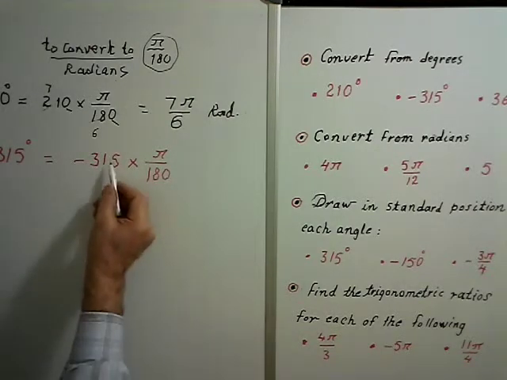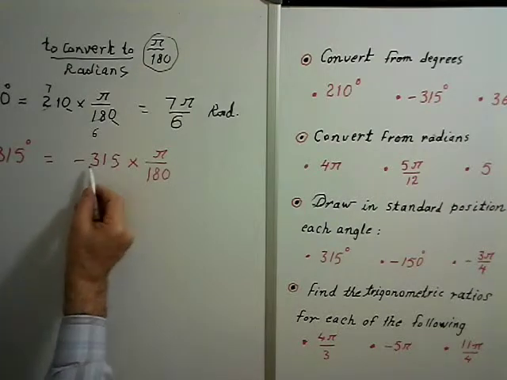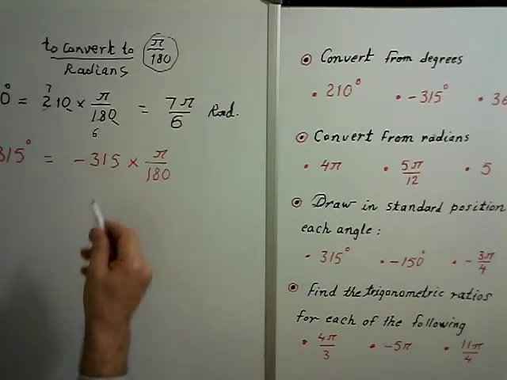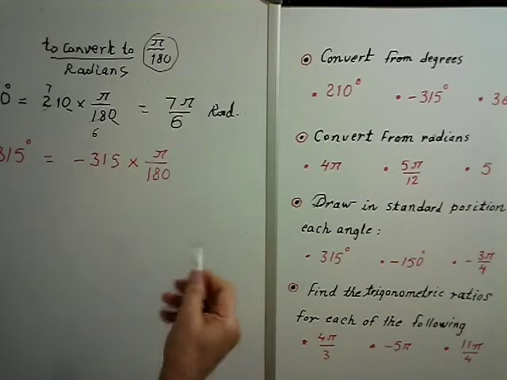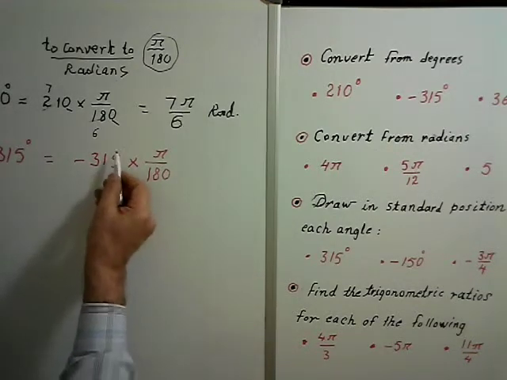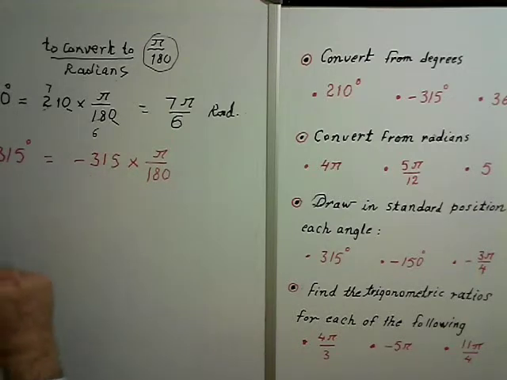You can divide by 5, or if you look at 315, you find it's a multiple of 45 actually. But anyway, you can just start with 5s.